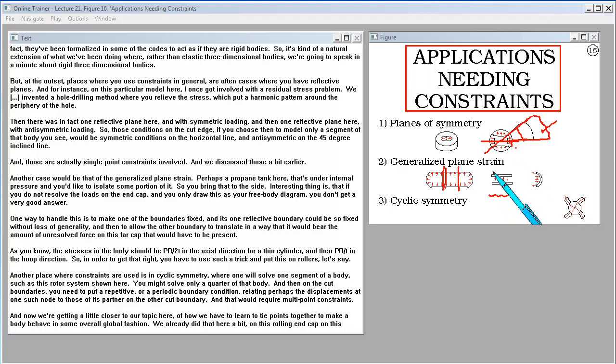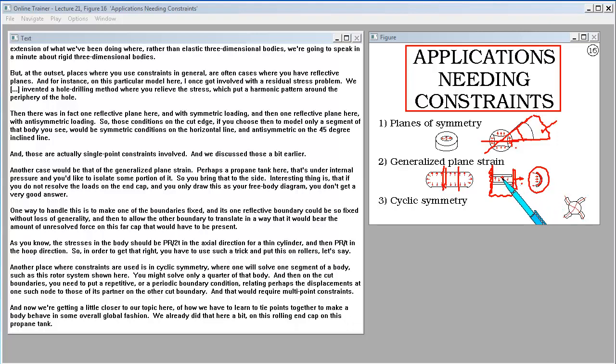One way to handle this is to make one of the boundaries fixed, since one reflective boundary could be so fixed without loss of generality, and then to allow the other boundary to translate in a way that it would bear the amount of unresolved force on this far cap that would have to be present. As you know, the stresses in the body should be PR over 2T in the axial direction for a thin cylinder, and then PR over T in the hoop direction. So in order to get that right, you have to use such a trick and put this on rollers, let's say.